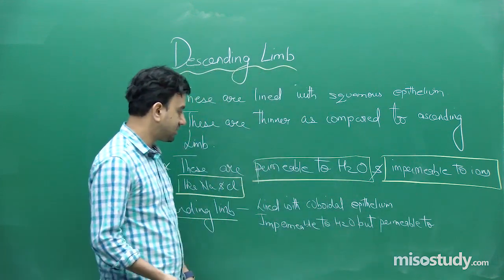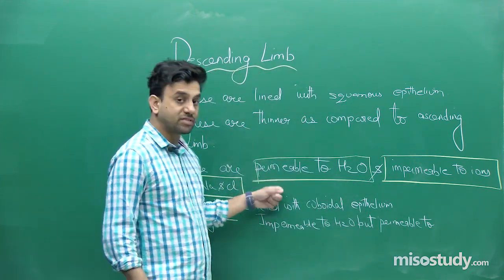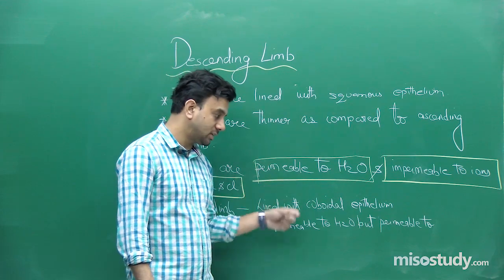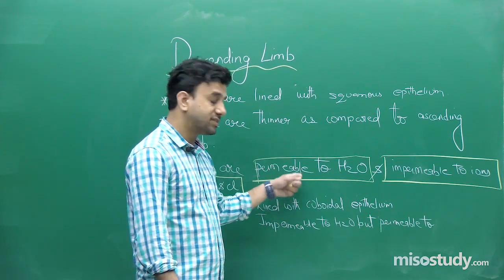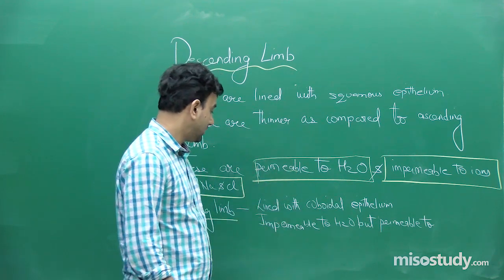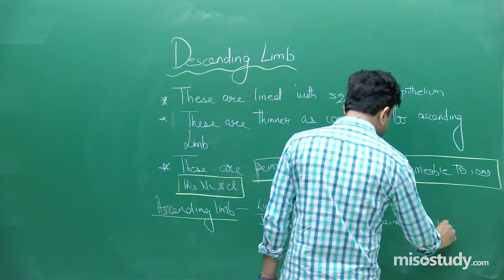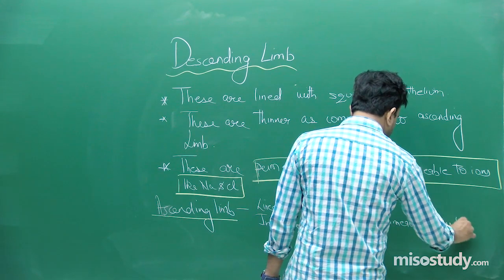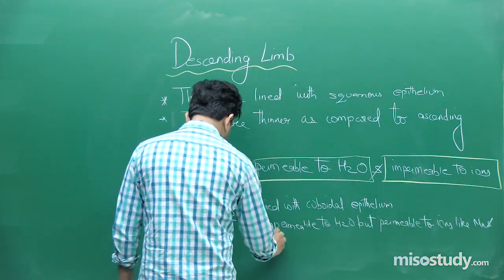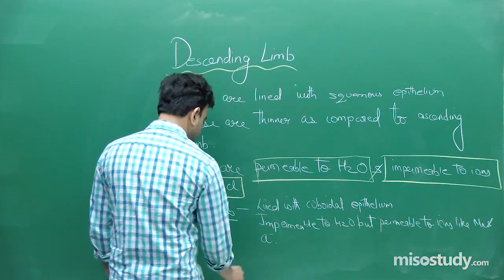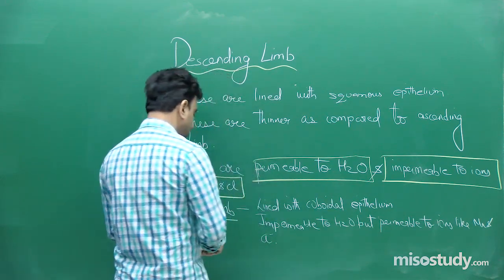Here squamous epithelium, here cuboidal epithelium. This is thinner, this is thicker. This is permeable to water, that is impermeable to water. This is impermeable to ions, that is permeable to ions like sodium and chlorine.